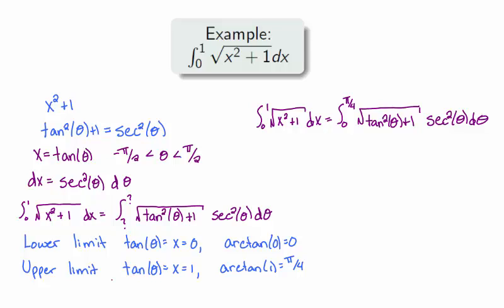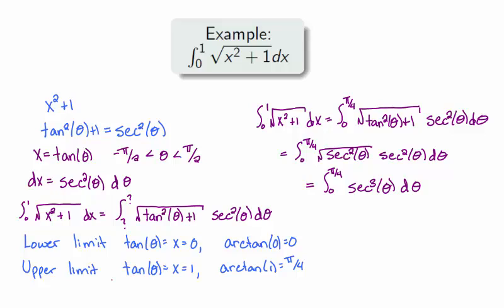Notice that the limits of the right integral lie within our range, negative pi over 2 less than theta less than pi over 2. So everything makes sense. We now use the identity tan squared of theta plus 1 equals secant squared of theta, and we get the integral from 0 to pi over 4 of the square root of secant squared of theta times secant squared of theta d theta, which equals the integral from 0 to pi over 4 of secant cubed of theta d theta, which equals square root of 2 over 2 plus the natural log of square root of 2 plus 1.